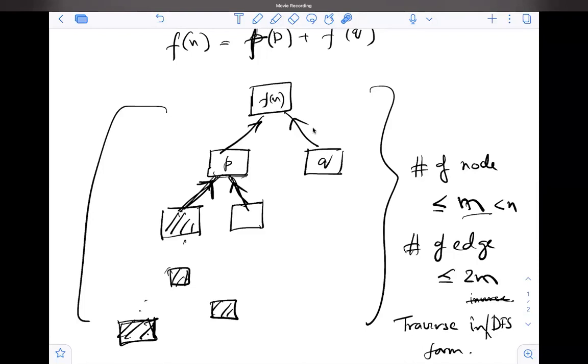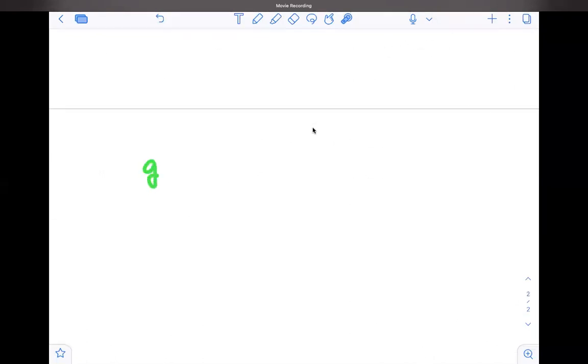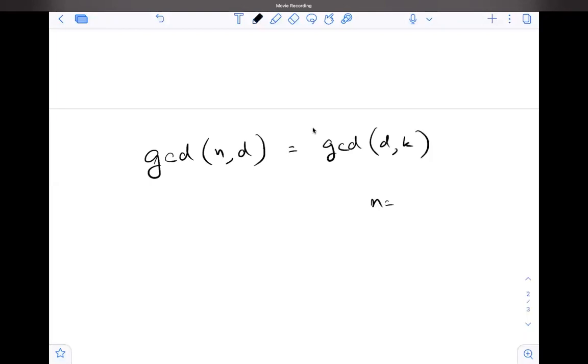So GCD of n comma d is equal to GCD of d comma k, where k equals the remainder of n divided by d, that is, n minus alpha times d.